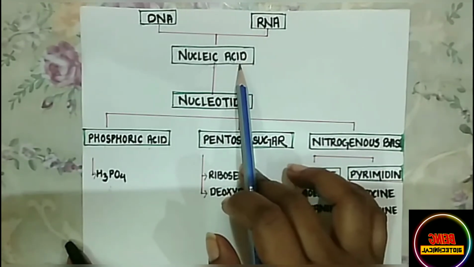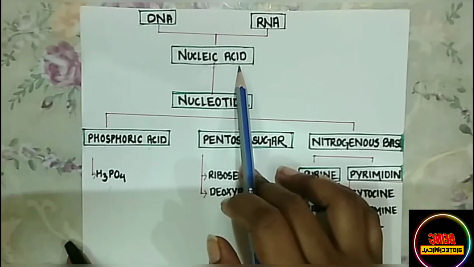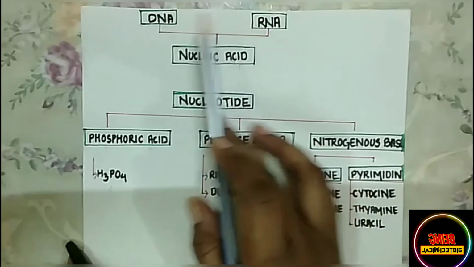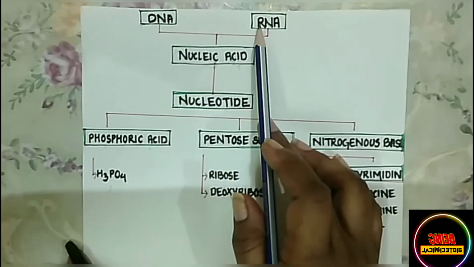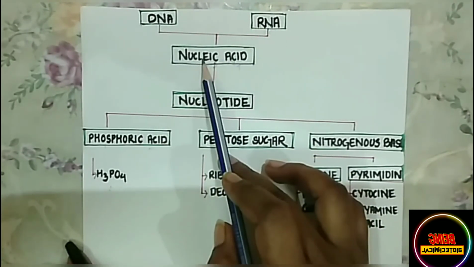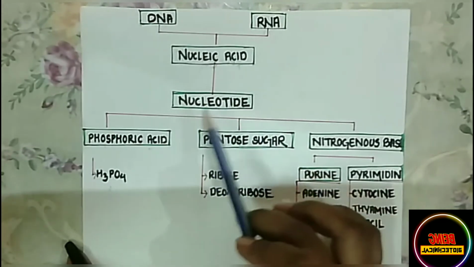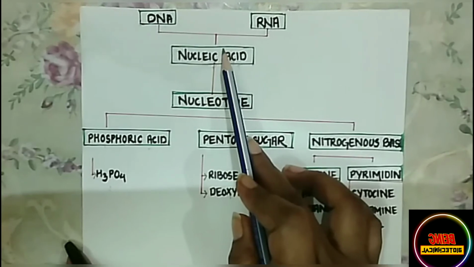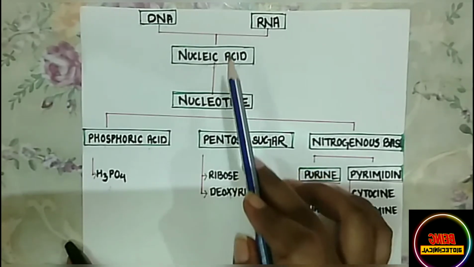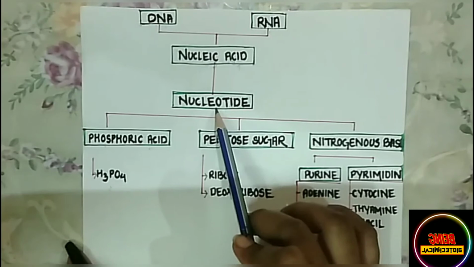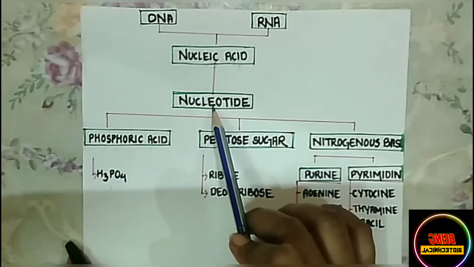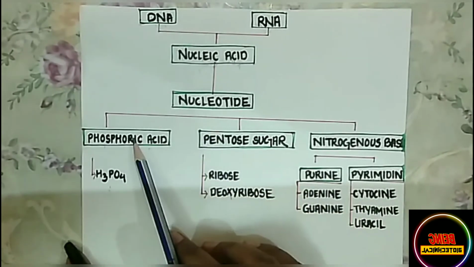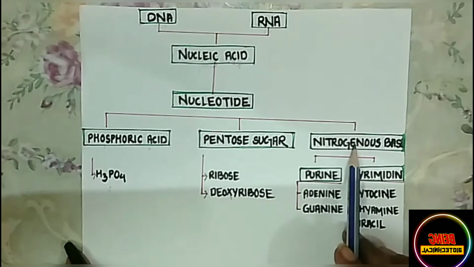We may also write it this way: nucleic acid divided into two parts, DNA and RNA. This nucleic acid is composed of nucleotides. So, in order to know the structure of nucleic acid, we need to know the structure of nucleotides. Nucleotides are again composed of three things: phosphoric acid, pentose sugar, and nitrogenous base.